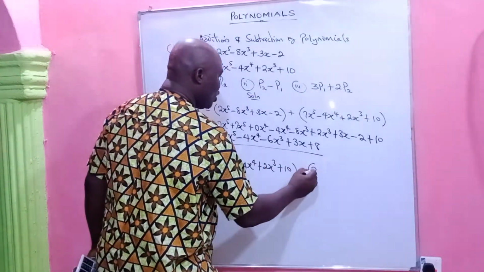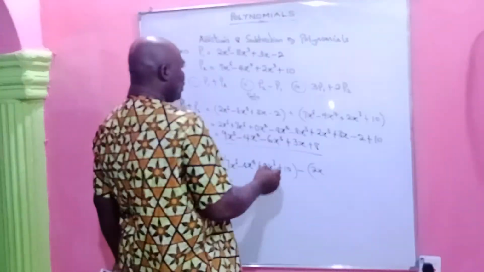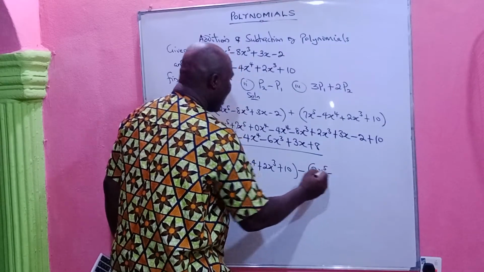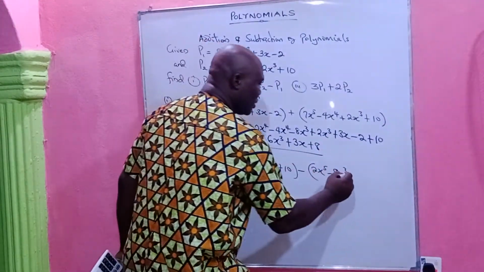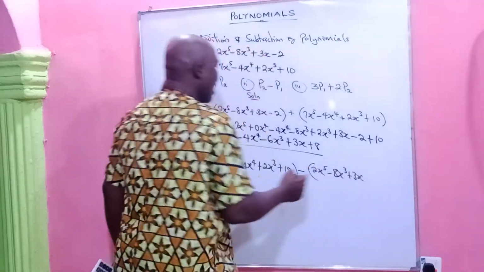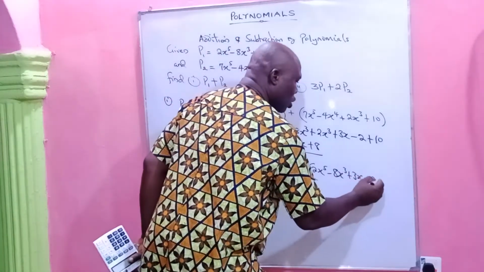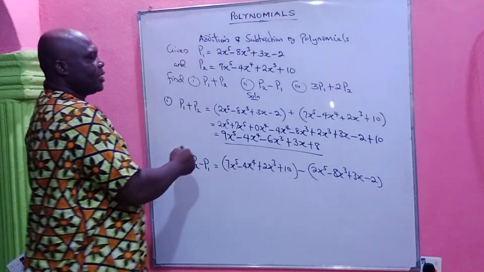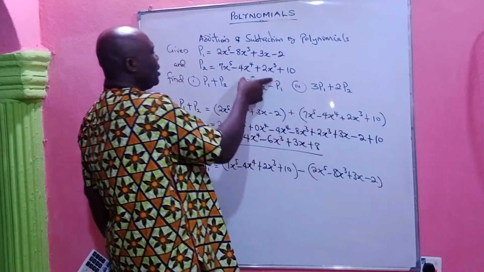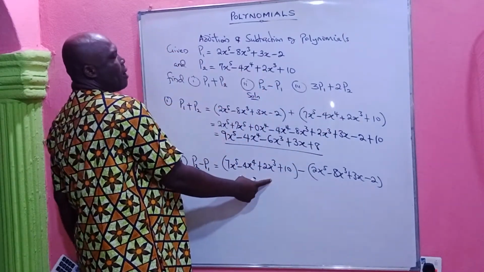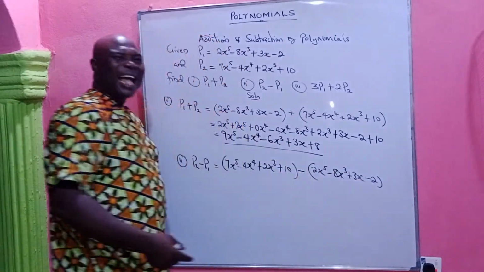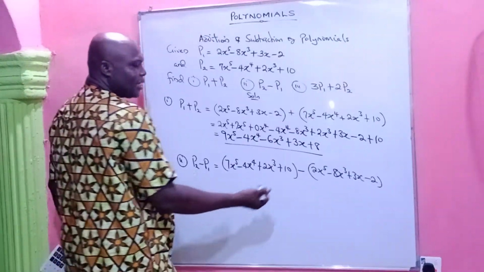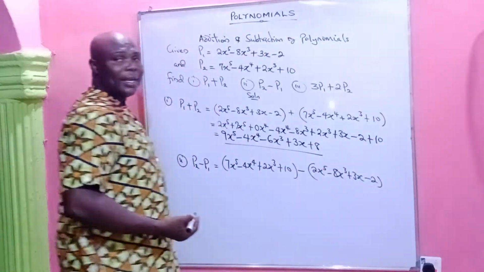Our P1 is 2x raised to power 5 minus 8x raised to power 3 plus 3x and then minus 2. So we are taking P2 first, minus P1. And don't forget please, this minus will affect every sign here.